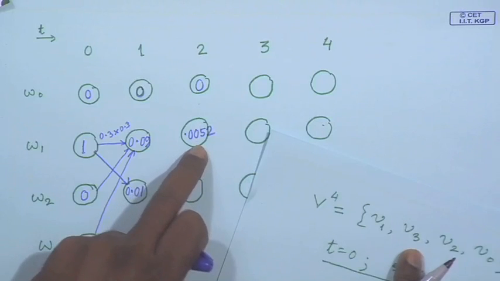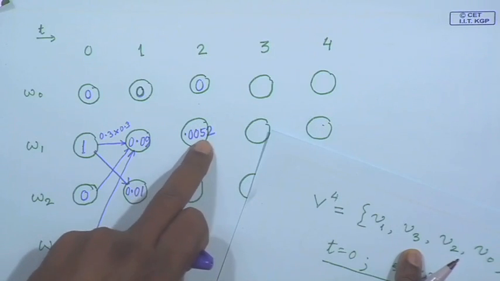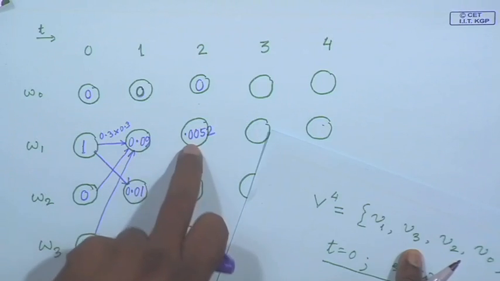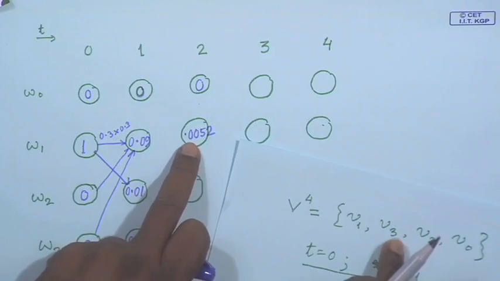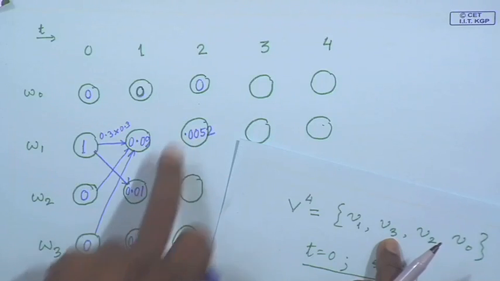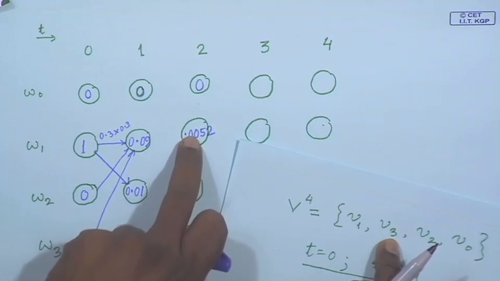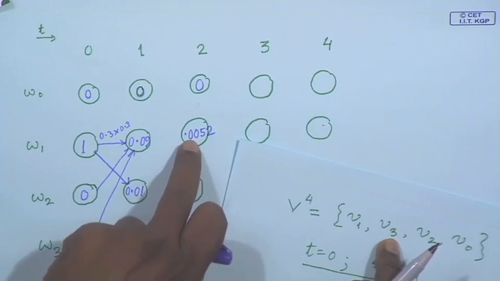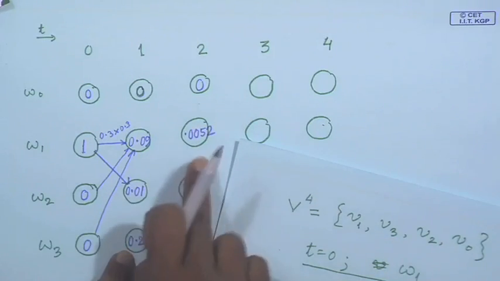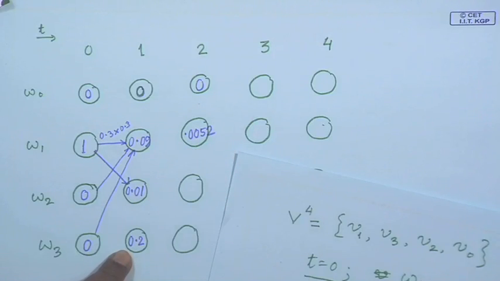So, this will be b 1 3. So, this probability multiplied by a 1 1 multiplied by b 1 3, plus this probability 0.01 multiplied by a 2 1 multiplied by b 1 3. Similarly, from here. If I add all these different terms, what I get is 0.0052.